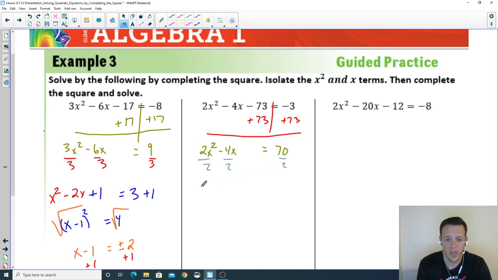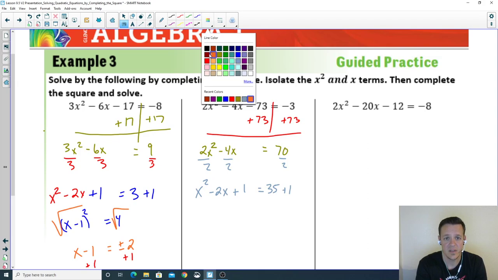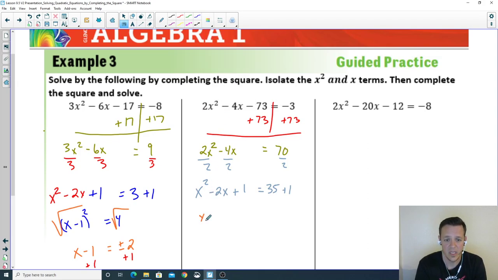So if you do that, you'd have x squared minus 2x. Once again, if it's a minus 2x, we know this is going to be a plus 1 equals 35 plus 1. So that's actually going to be 36, which I'll write down here. So this would be x minus 1 squared equals 36.